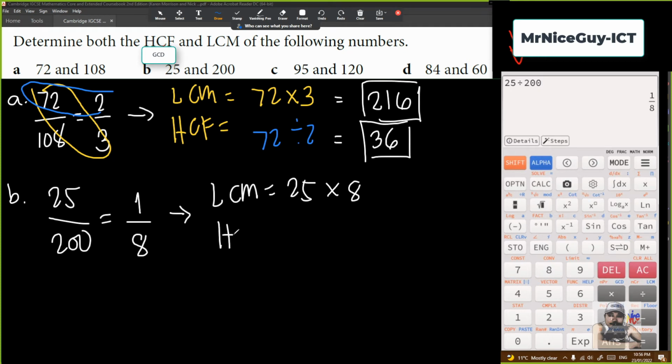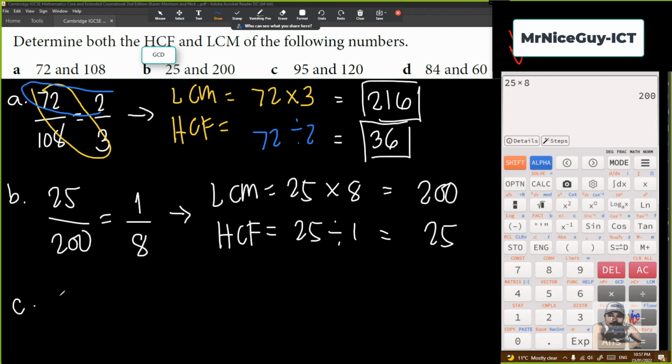That is 25 by 8, and then 25 divided by 1. Actually, you can do the opposite. It can be 200 times 1, which will still give you the correct number, 200. On my calculator, you can see it there. You can do the same thing: 200 divided by 8 will also give you the value we are looking for.